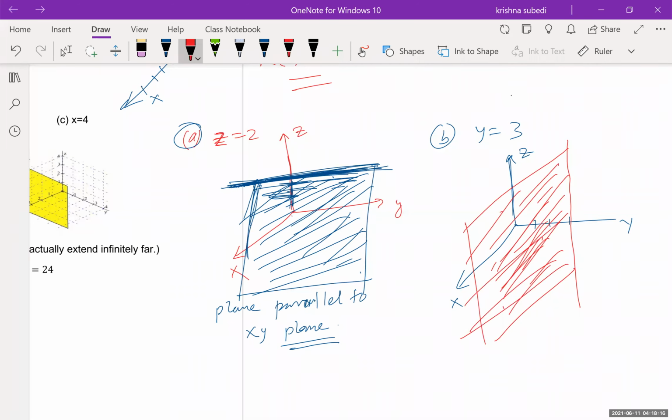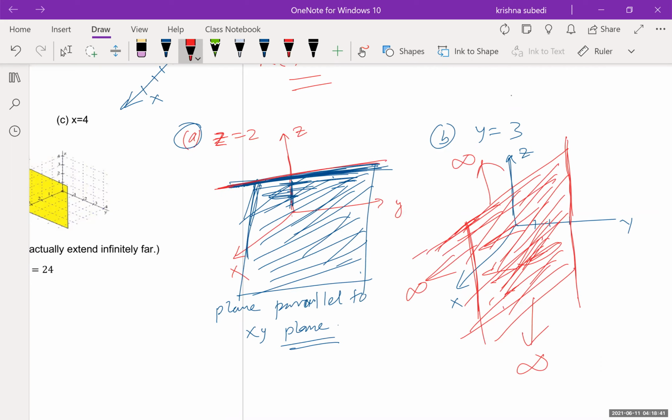One thing, please remember: when I say plane, it is not fixed. The fixed side is this one. So here it can go up to infinity, this can go up to infinity, this also can go up to infinity. It's not possible for me to go all the way up to infinity, so I just give you one sample plane. In this case also the same.